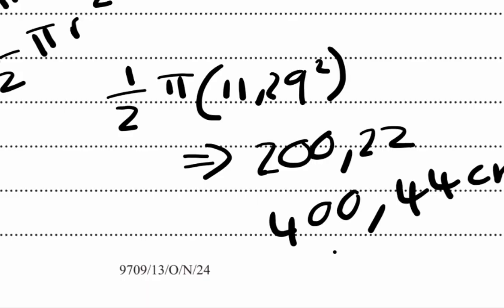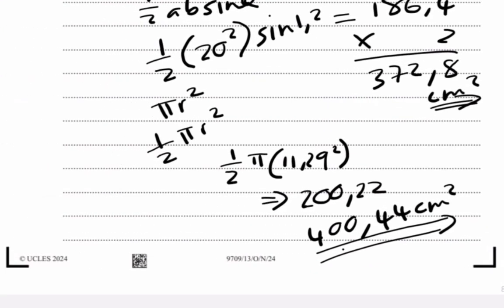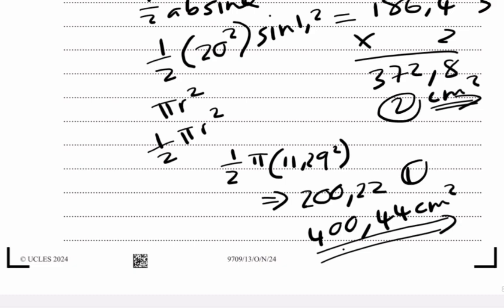So to get the area of the metal plate, we're just going to add these three.